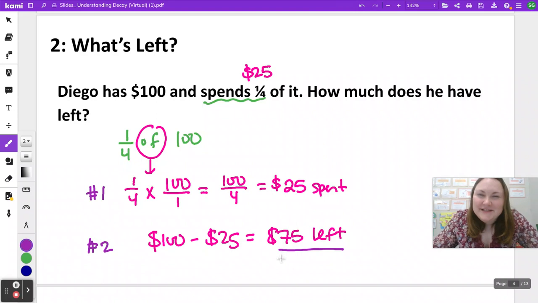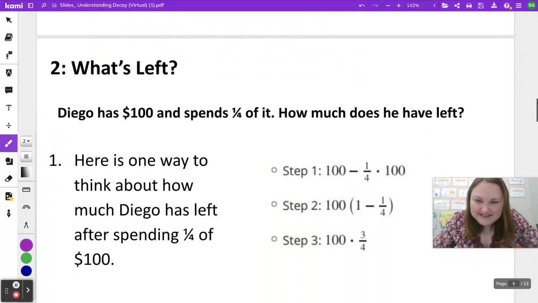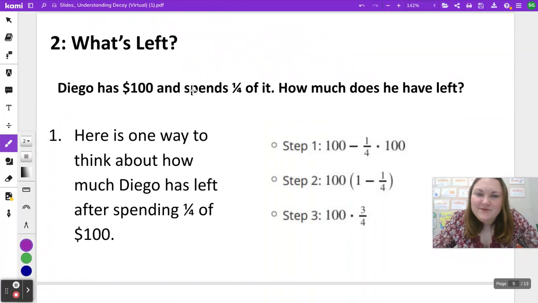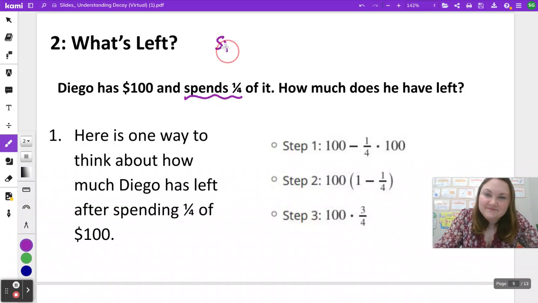I did say, though, that there are multiple ways to do this problem, and this, while it does get us to our answer, isn't going to be the way that helps us with looking at the problems we're doing today. So a different way you can approach this problem is down here. When we are told that he spends 1/4 of it, what we were really doing was taking the $100 and taking out 1/4 of the $100. But to save us from doing that subtraction, another way to think of this is if he spends 1/4 of the money, that means the fraction he has left is 3/4, right?